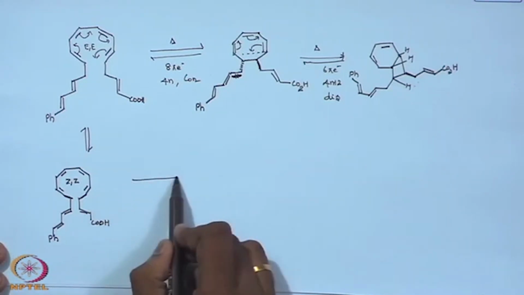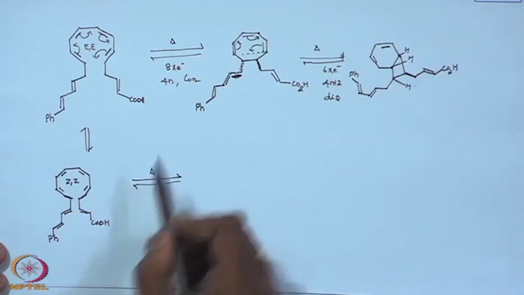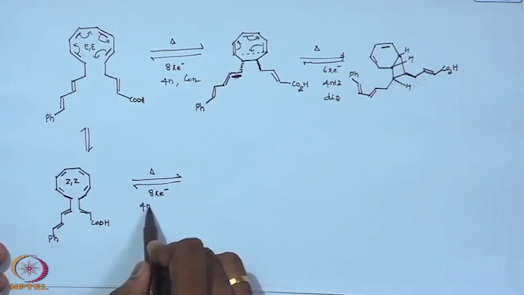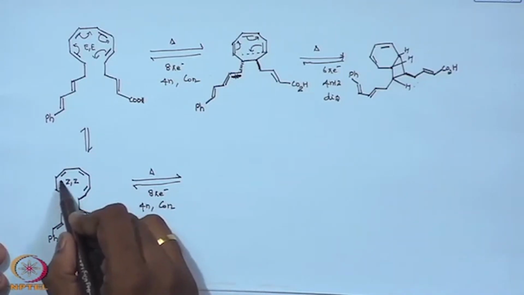Now, again I say use the same conditions as earlier, heating an 8 pi electron system. You can apply the same thing, 4n and conrotatory. So, it should be a similar mechanism.